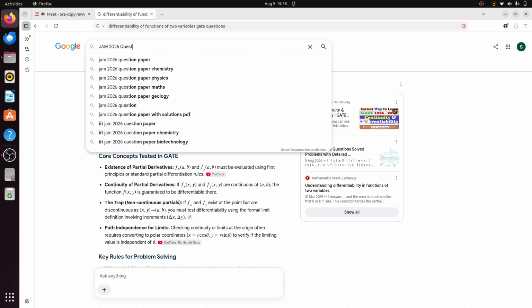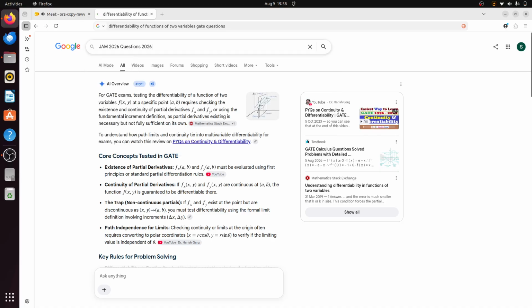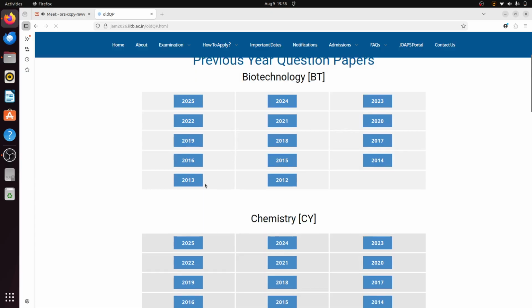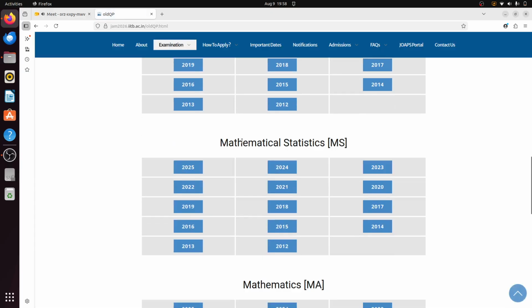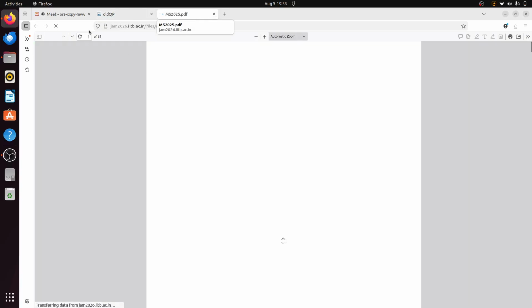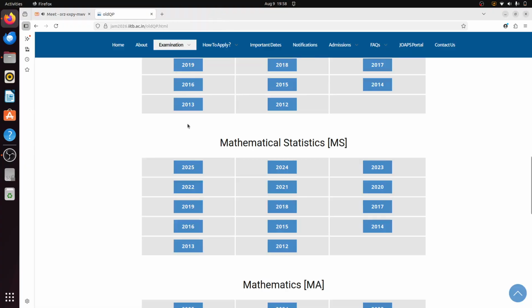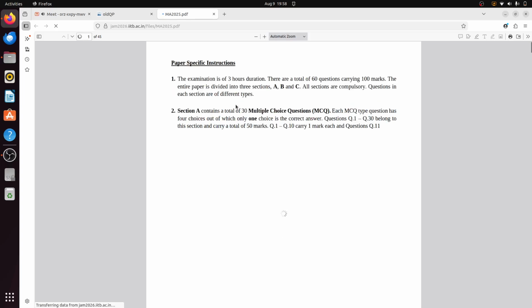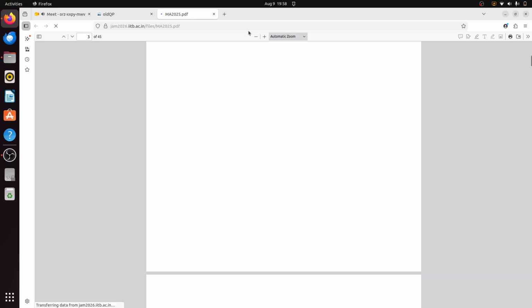Are there any questions on differentiability? I can check in here if there are some problems on it, so we can give a try to them.